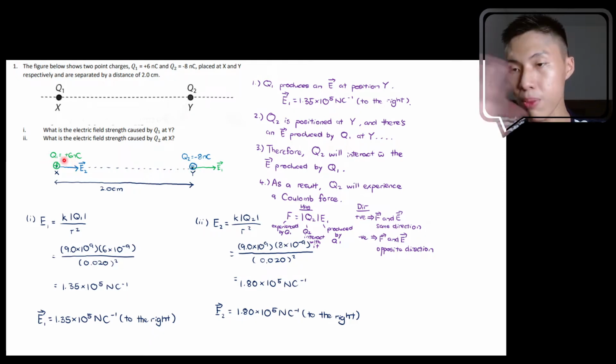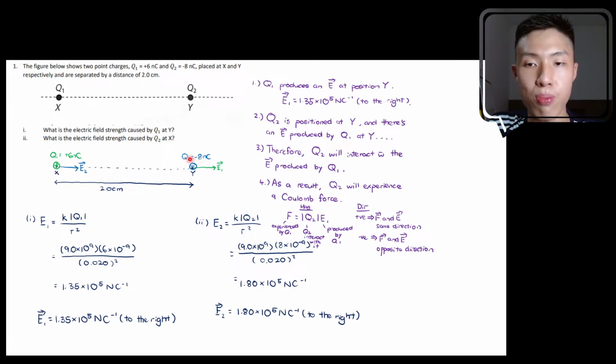Okay, so if you think about it on the other side, at position X, there is an electric field produced by Q2. So Q2 produces an electric field at position X. Q1 is placed over there, so Q1 will interact with the electric field produced by Q2 at X. After the interaction, Q1 will experience a Coulomb force.